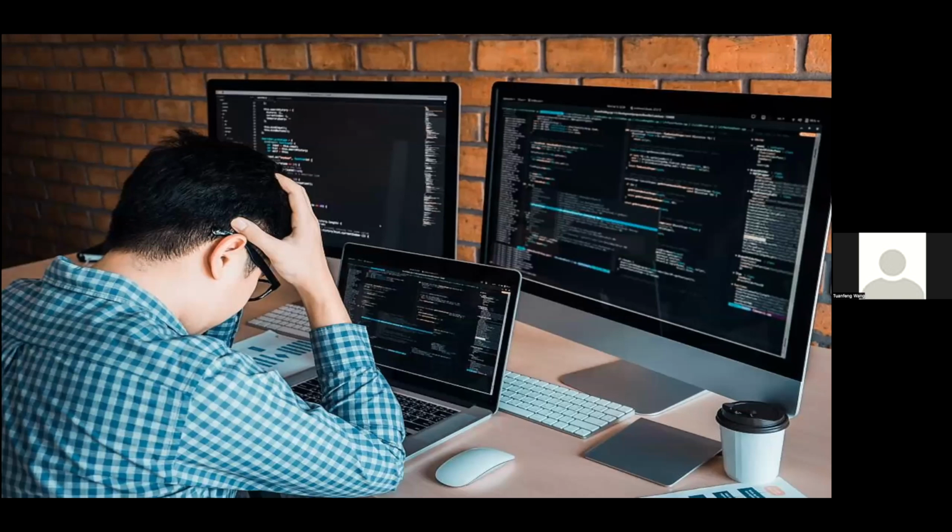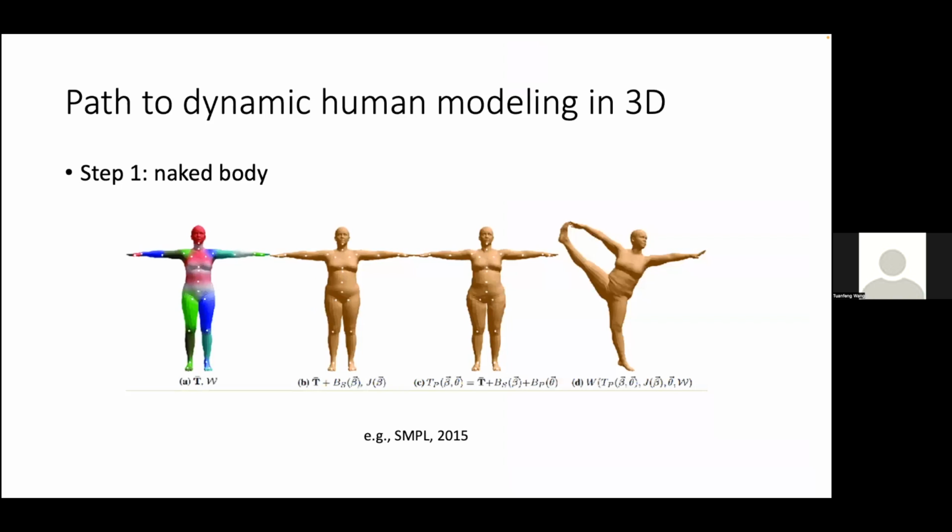But let's go back to the graphics and vision world and see what it really means to us. I'd like to first review what has been done on the 3D side. At the very beginning, people were stuck with the naked body. In early work like SMPL, people built a 3D body model. You provide a pose parameter and a shape parameter, then the function gives you the body surface, which captures of course the pose, but also the shape of the body.